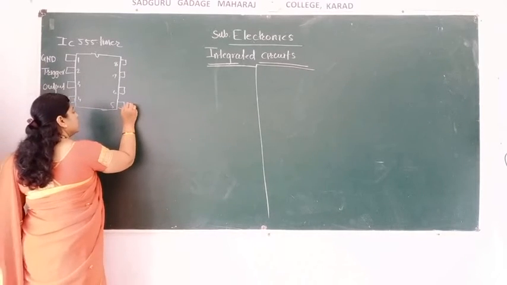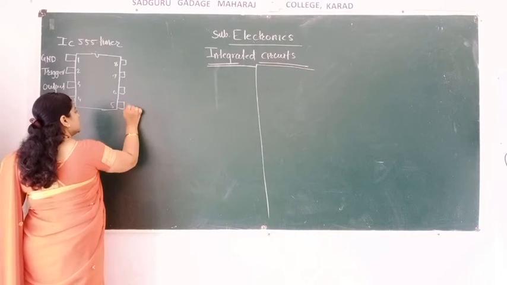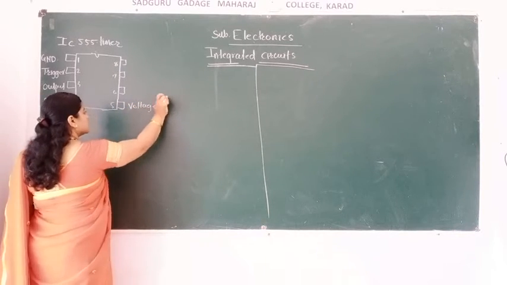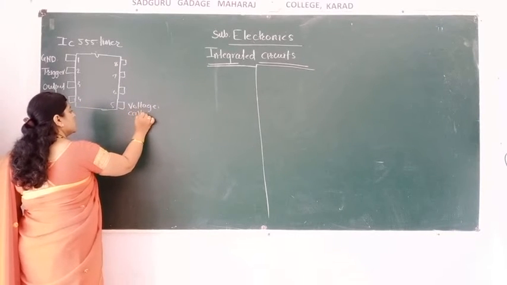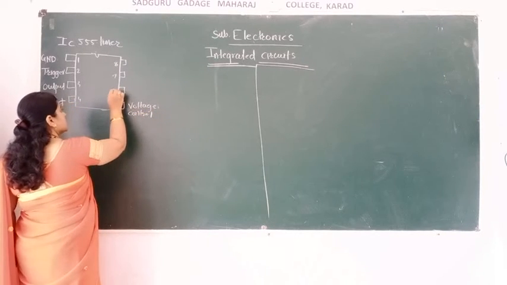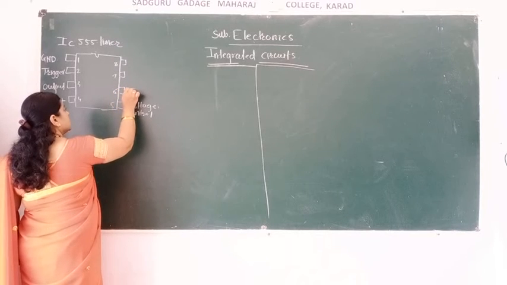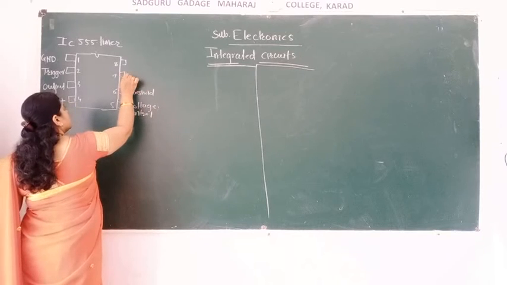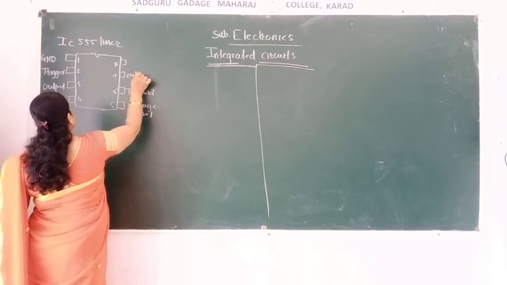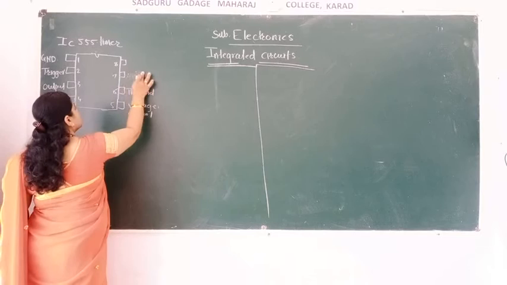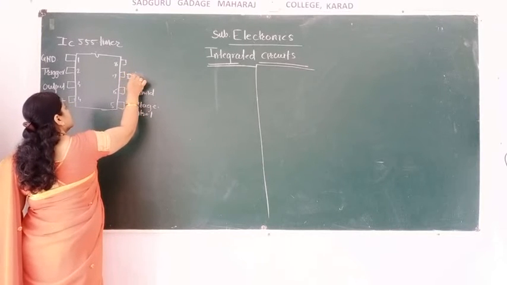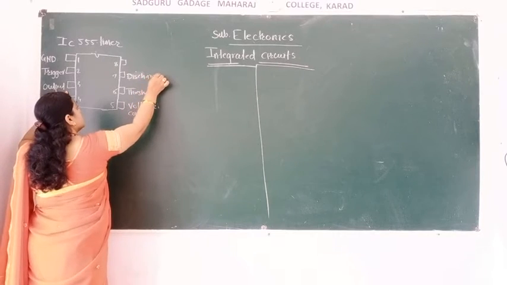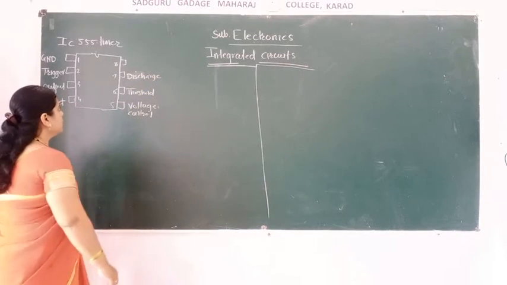Pin number 5 is the voltage control pin, and pin number 6 is the threshold pin. Pin number 7 is not an output; it is the discharge pin, because we are taking the output at pin number 3.